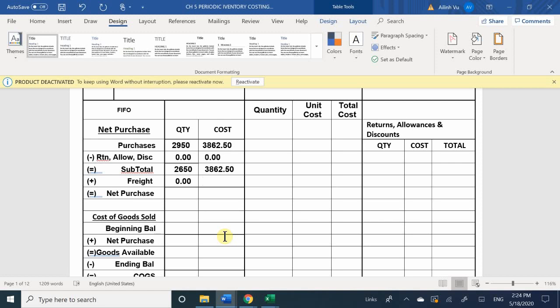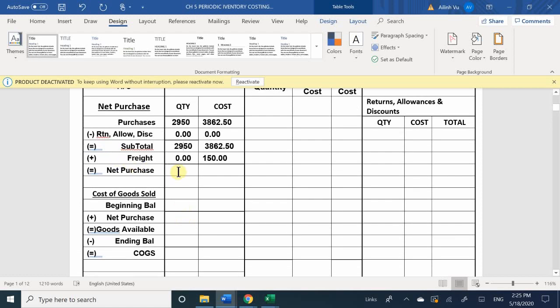Shouldn't your subtotal be 2950? It says 2650. Yes. Experiencing some dyscalculia over here. All right. So our total for 2950 is going to be $4,012.50.